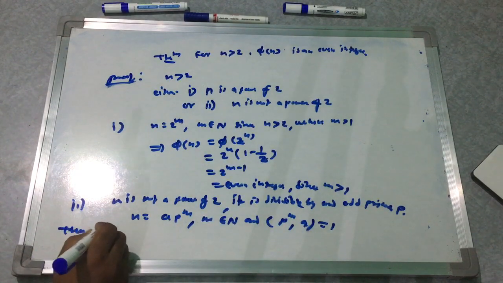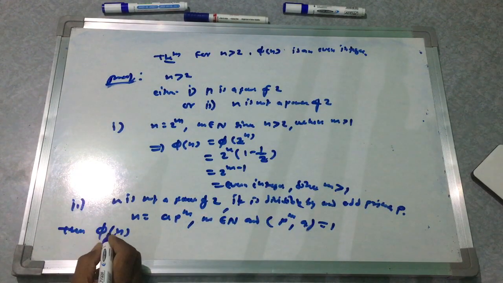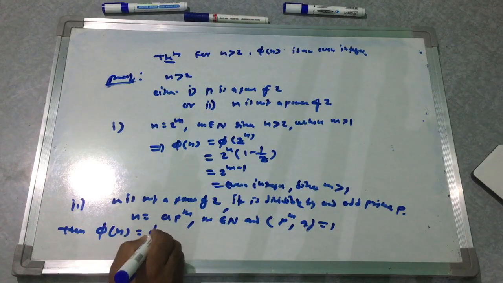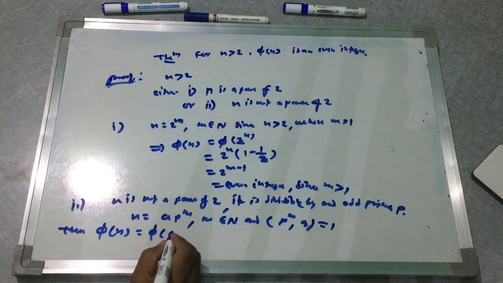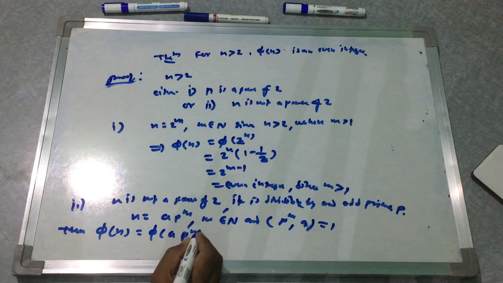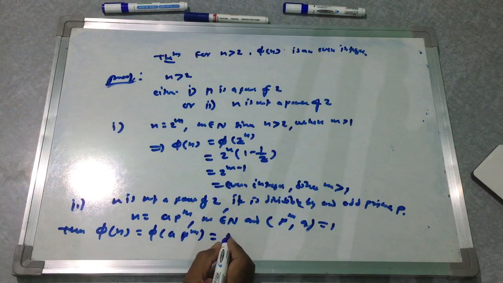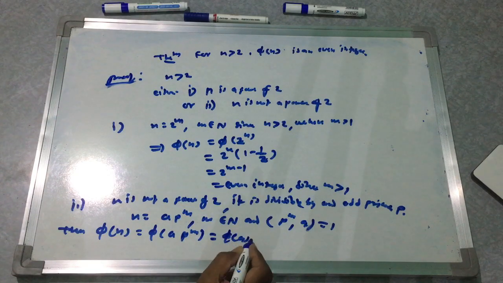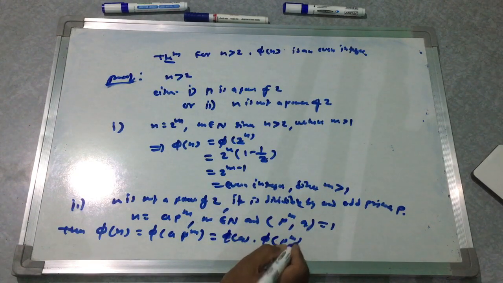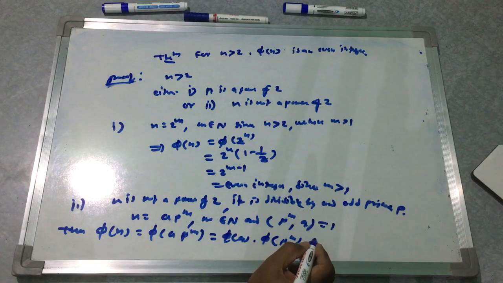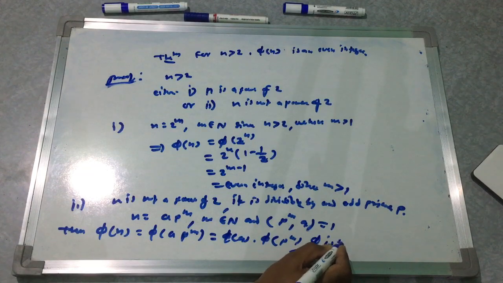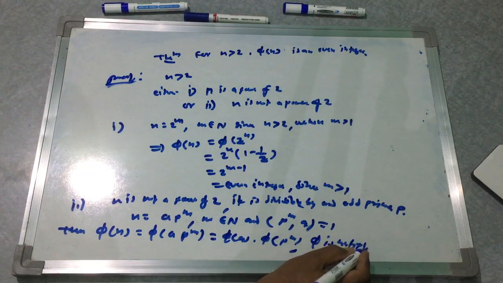Then phi of n is equal to phi of a into p to the power m, which is equal to phi of a into phi of p to the power m, since phi is multiplicative.